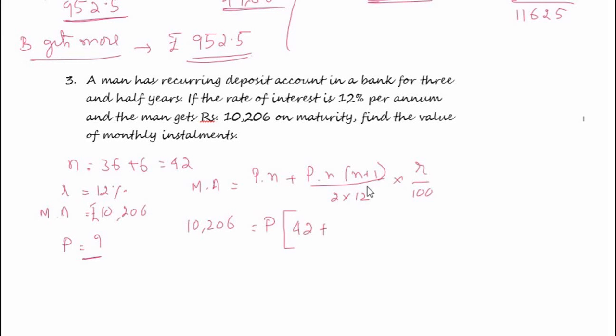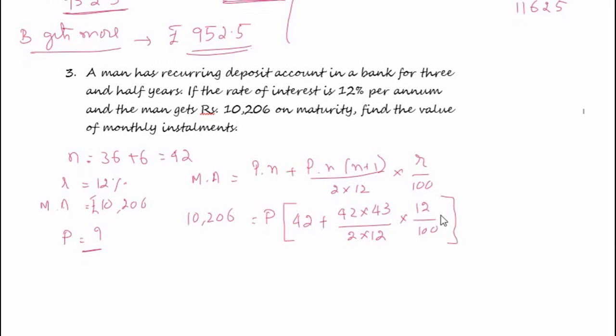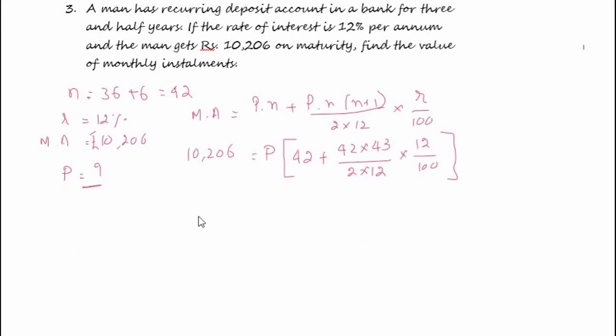Plus N into N plus 1, that is 42 into 43 divided by 2 into 12 into R. R is 12% divided by 100. So 42 plus, here 12 gets cancelled with this, 2 goes with this, 21.